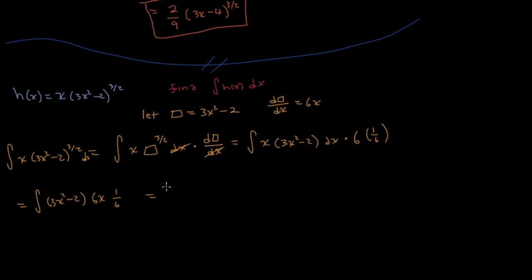So we'd get 1 over 6, and sorry, this should say to the power of 3 over 2, times the integral of 3x squared minus 2 to the power of 3 over 2 times 6x.